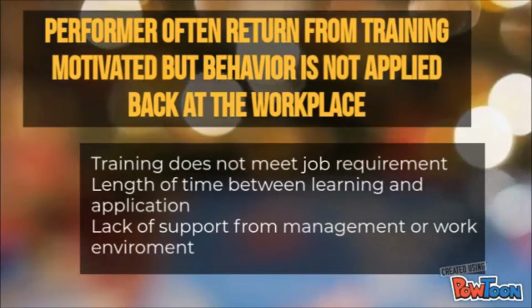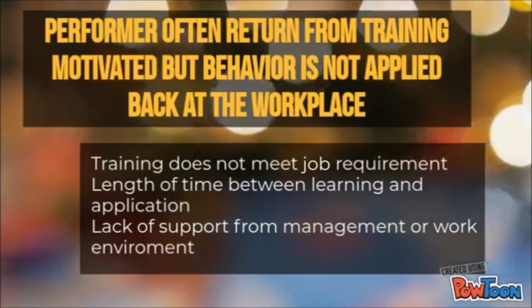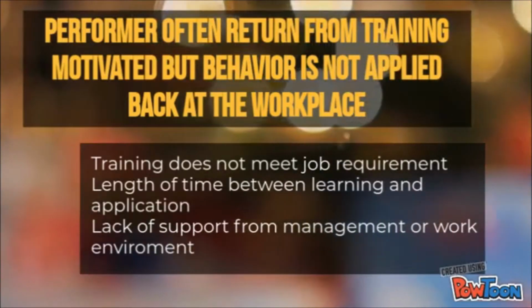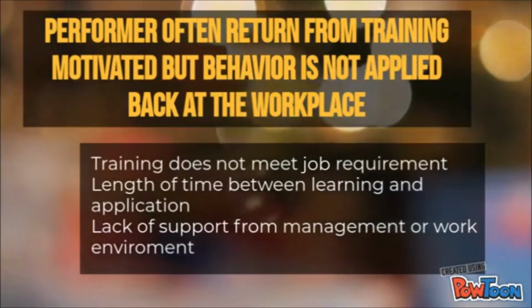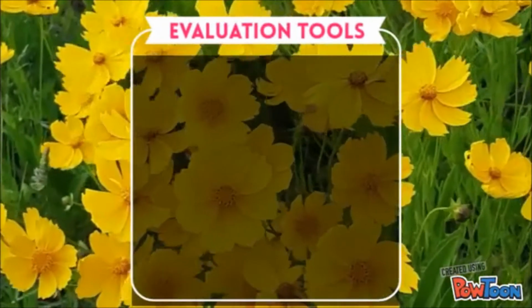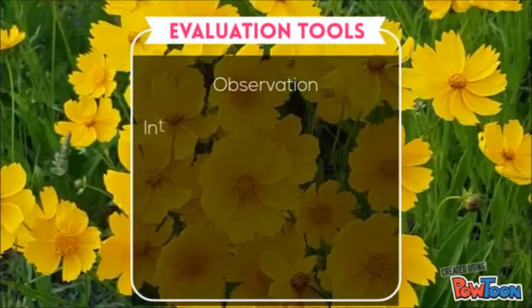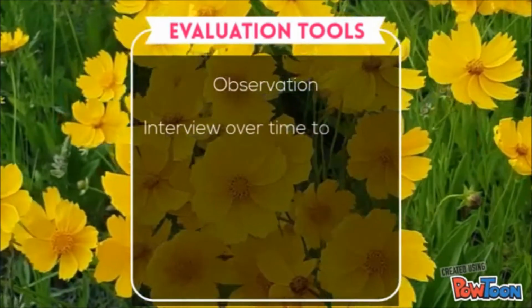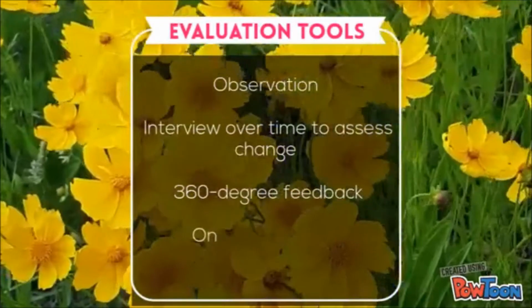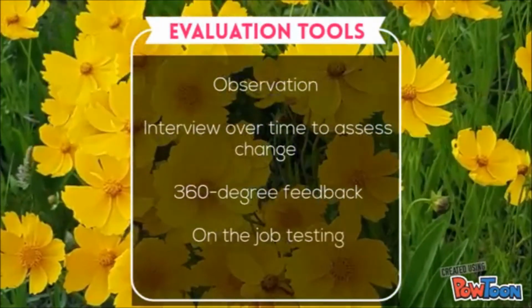Why? Because training does not meet the job requirement, the length of time between the learning and application, and the lack of support from management or the work environment. Evaluation tools for this level are first observation, then interviews over time to assess the change, 360-degree feedback, and lastly on-the-job testing.